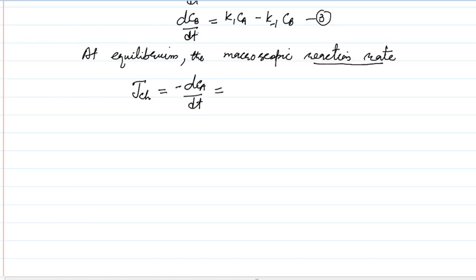It can also be equal to this much. We know it simply from the kinetics, so we are applying that here. So at equilibrium this will be simply equal to 0.